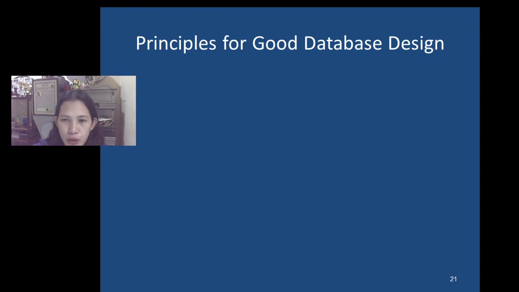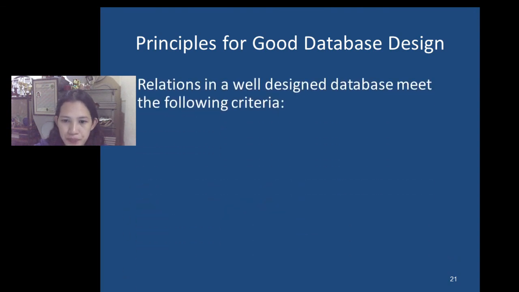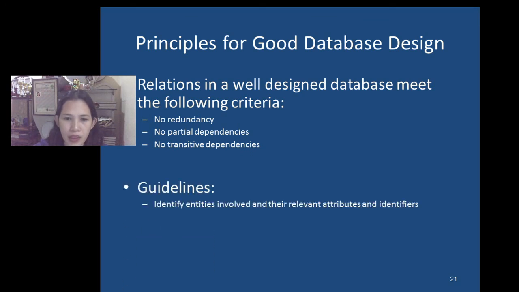Principles for good database design. Relations in a well-designed database meet the following criteria: no redundancy, no partial dependencies, no transitive dependencies. Guidelines: identify entities involved, their relevant attributes and identifiers.